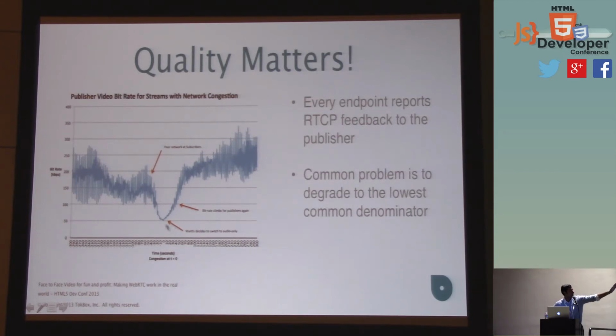You can ignore the right side of the graph and why that improves. I just pulled this from one of our internal servers which does adaptation, but you can see the impact of the bitrate going from 200 kilobits to 50 kilobits just because the bad subscriber joined. This is again something important to keep in mind.